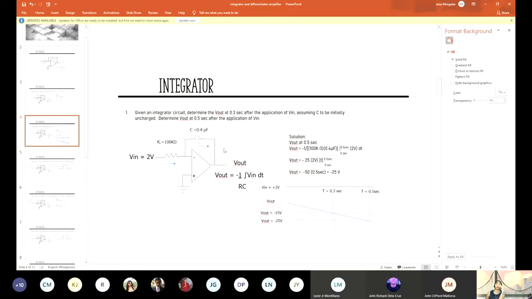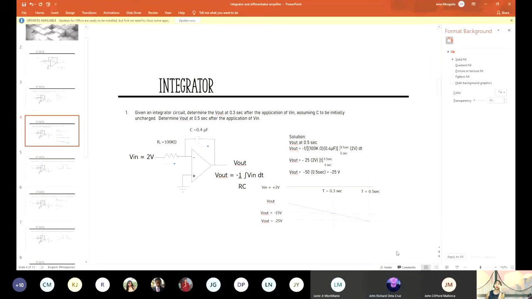Okay? Dual supply siya, diba? Positive and negative 15 volts. So, it will clip off at 15. Okay? Kahit maging 10 seconds pa yan, 1 second pa yan, so your maximum is only at 15 volts. Okay? Question? Question at integrator?